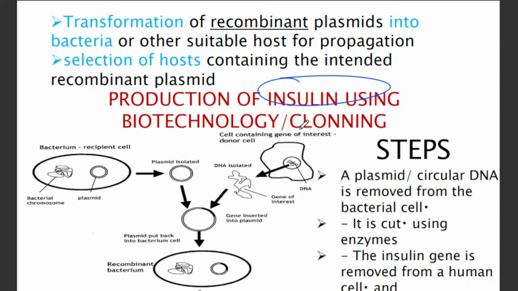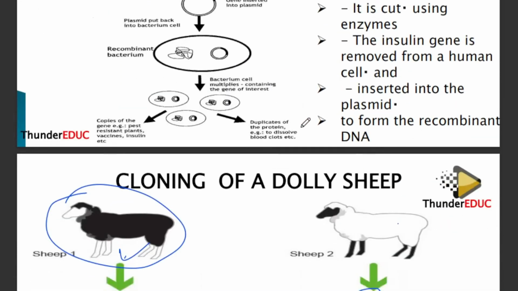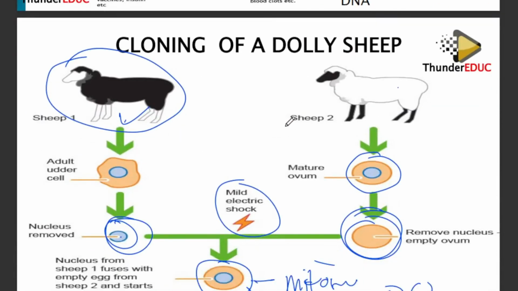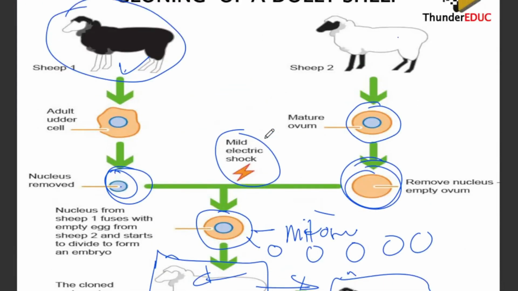It can also be used for producing identical organisms, which can be used for research purposes. What else can we use cloning for? We can use it for research. We can use it to do the medication.